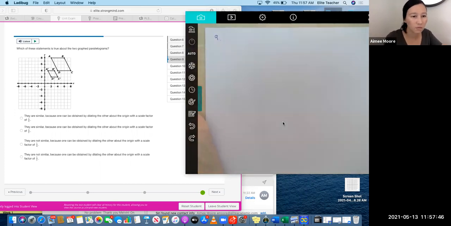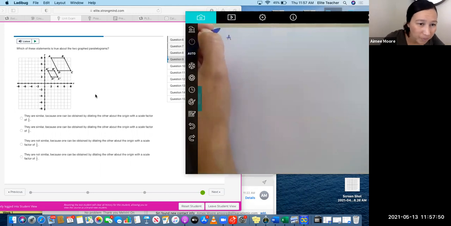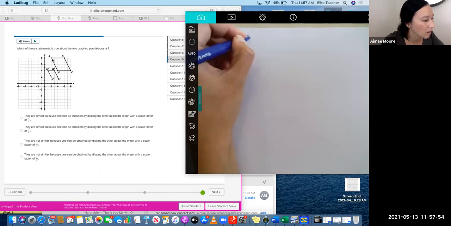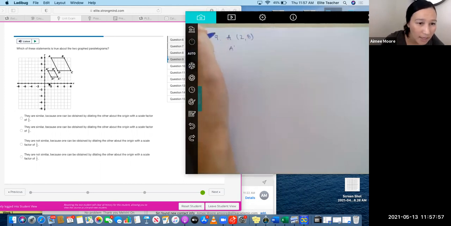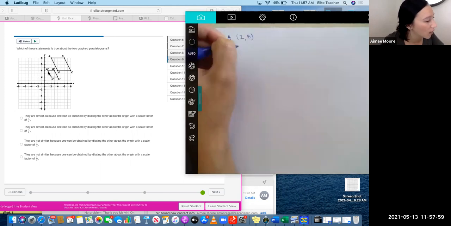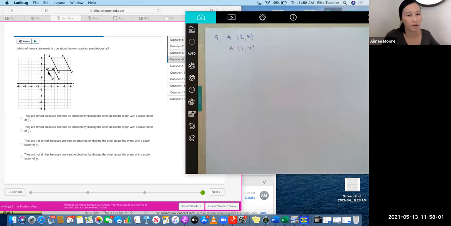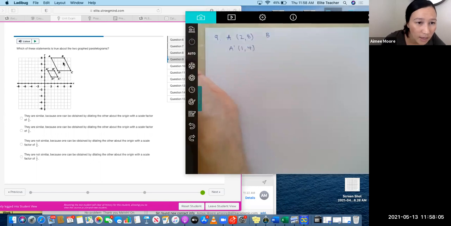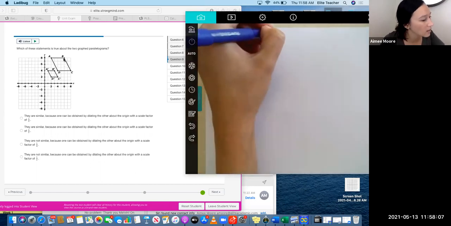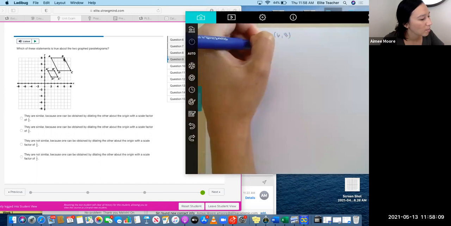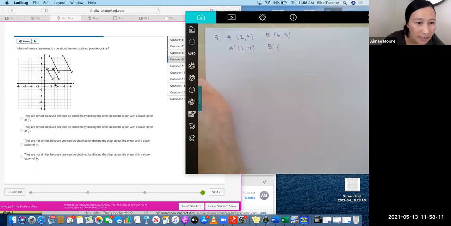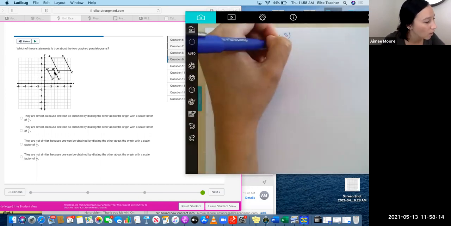So it helps to just list the points. A is at 2, 8. And then A prime is at 1, 4. And we'll do one more point just in case. So B is at 6, 8. B prime is at 3, 4.